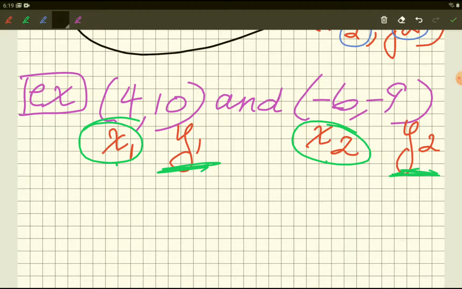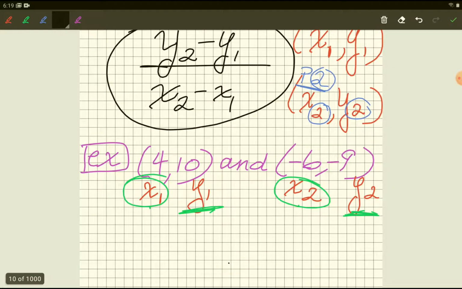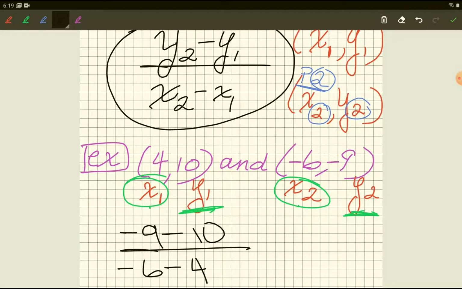Okay, so now I'm just going to plug everything into the formula up here. y2, so y2 is -9, minus y1, which is 10, over x2, which is -6, minus 4. Now I'm just going to compute it.